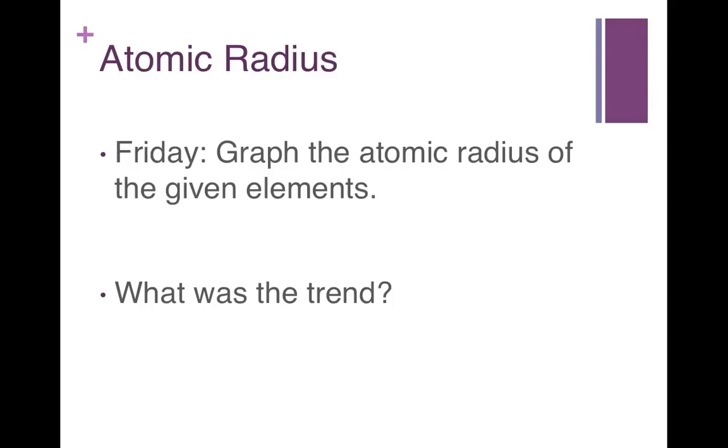So I want you to think about the trend that you saw for atomic radius. If you went down a column, you should have noticed that the atomic radius increased. But if you went across a row from left to right, you should notice that it decreased.